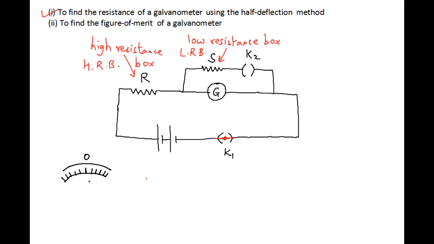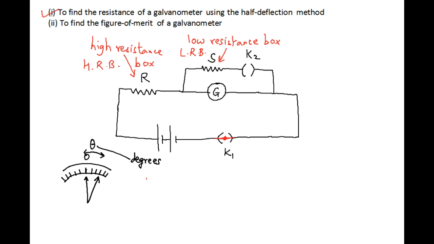It's usually not calibrated in amperes or milliamperes. So that's the needle, and when I said you measure the current, you basically have to measure this deflection. I'll call it theta. There are two ways to measure it. It can be measured in degrees.